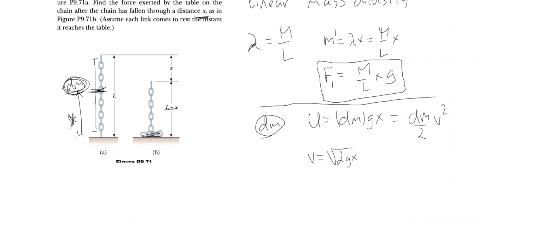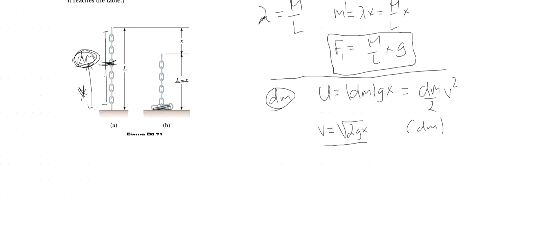The part of the chain that's falling when the chain is in this configuration, that little piece with mass dm, has a velocity of square root of 2gx, which means that its momentum just before it hits the table is dm times square root of 2gx. But we see that this is an infinitesimal momentum.